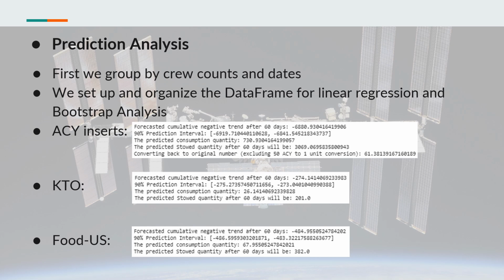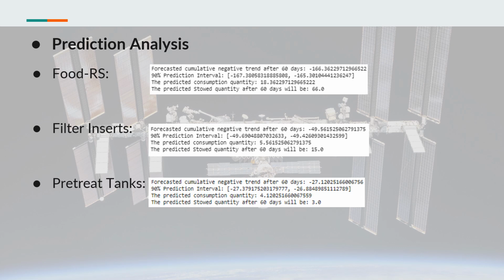For ACY inserts, after excluding the 50-to-1 unit conversion that we originally did, there would be 61 ACY insert boxes remaining after 60 days. We did the same exact modeling for KTO and food US, and the same for the rest.